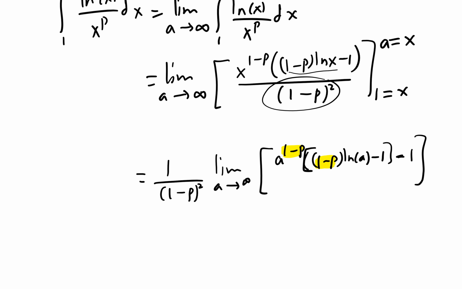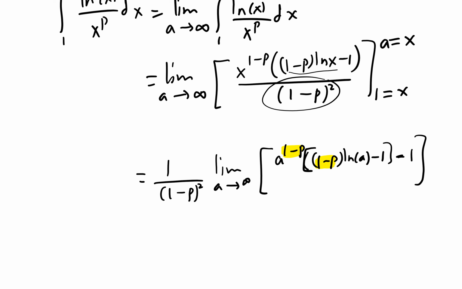If 1 minus p is less than 0, okay, why less than 0? Because if it's less than 0, then you can bring it down and then you do L'Hopital's and then it will work out. But if it's positive, then you're getting an infinity times another infinity inside that will make it indeterminate, and it's not going to be easy to integrate.